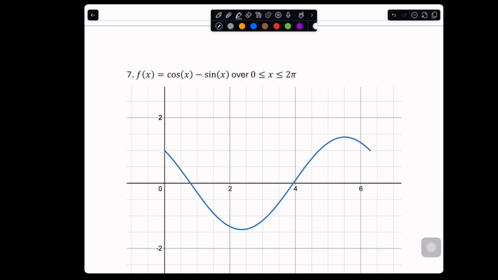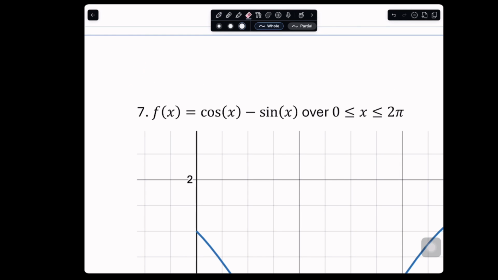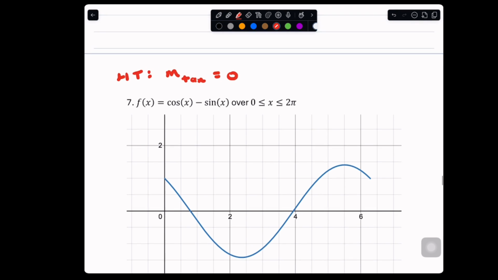All right. Same question. What do they want here? Horizontal tangents. What's the story with that? They want those locations. They want to know where the tangent slope is 0.